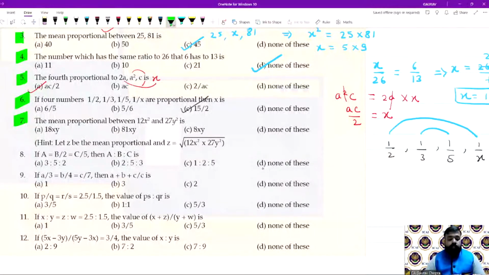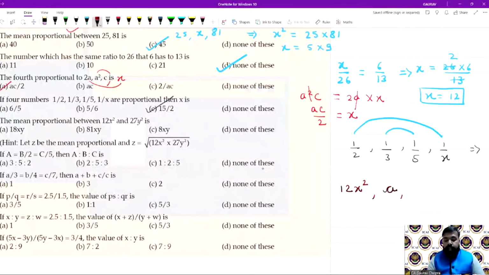Now, seventh, the mean proportional between 12x square and 27y square. Mean proportional means the middle term. So we write 12x square. The middle term we can assume as a because x is already in use, and then 27y square is the third term. So b square equals ac.